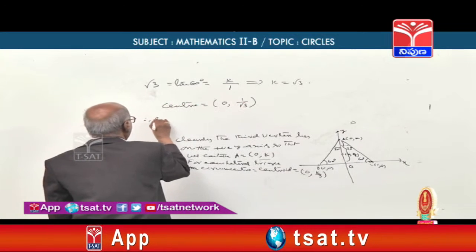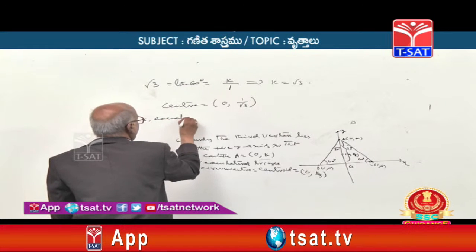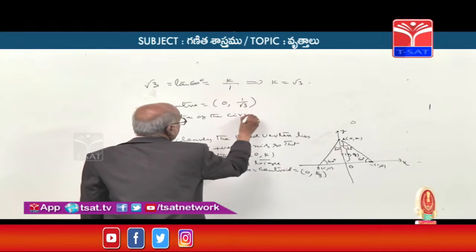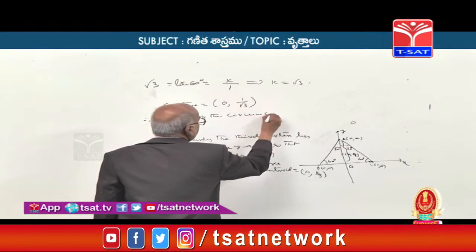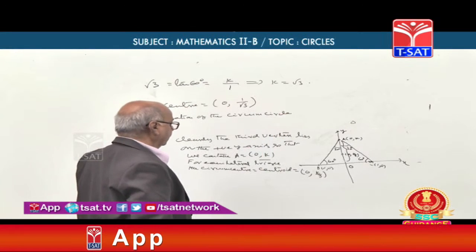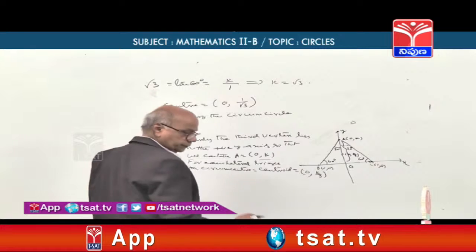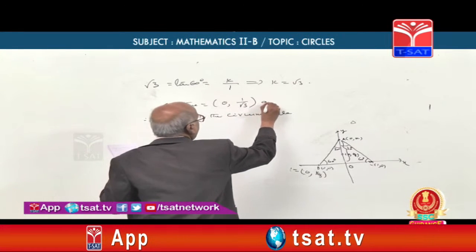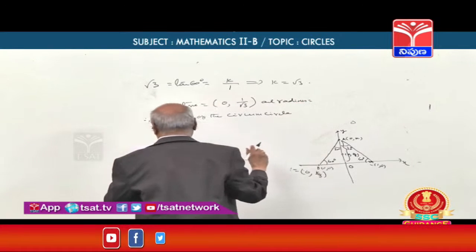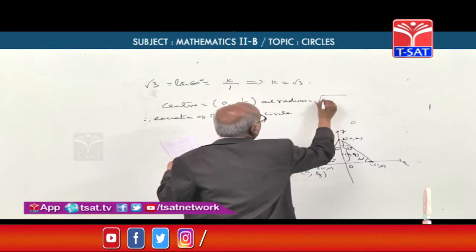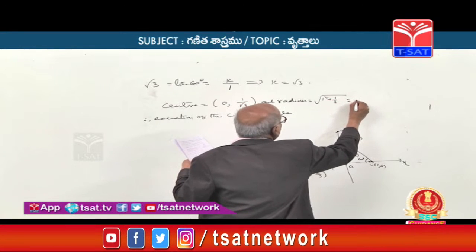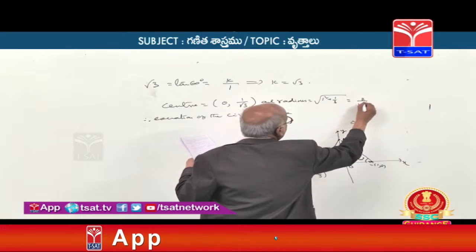So, therefore, equation of the circumcircle: center is 0, 1 by root 3 and radius is equal to square root of 1 square plus 1 by 3, which is equal to 2 by root 3.